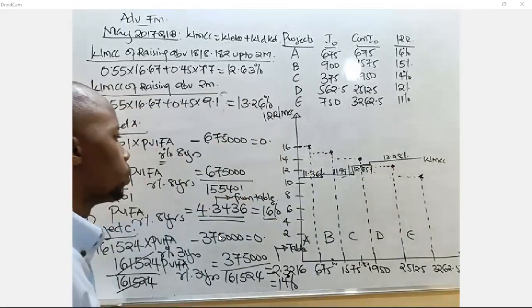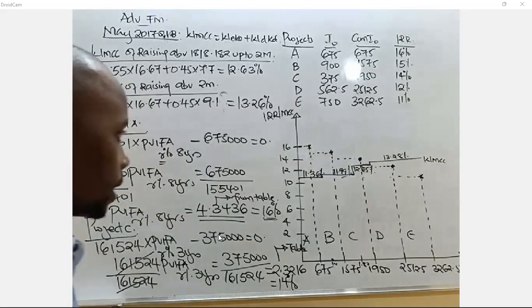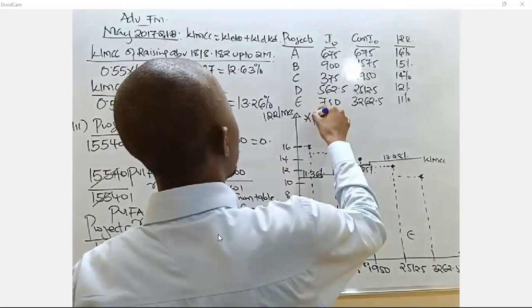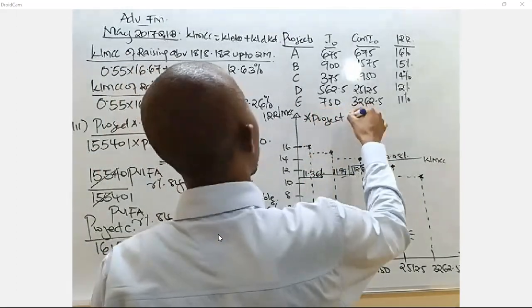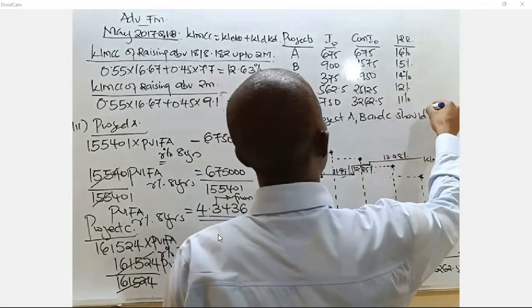So when you are asked to choose the projects to be accepted, we said the projects whose IRR is above WMCC are going to be accepted. In this case, when you're making your decision, you just say projects A, B, and C should be accepted.